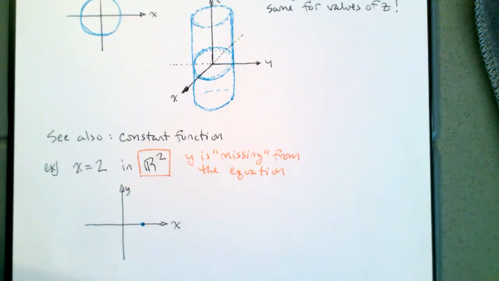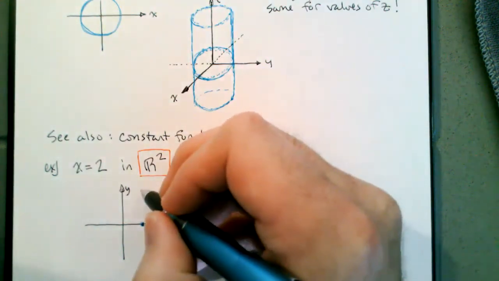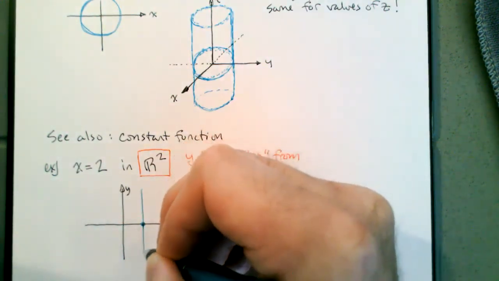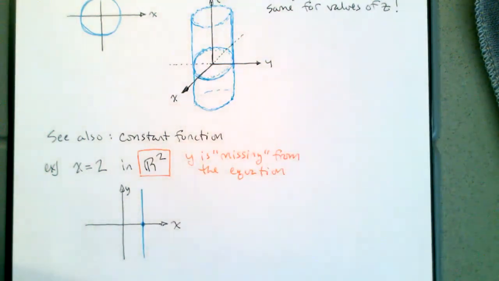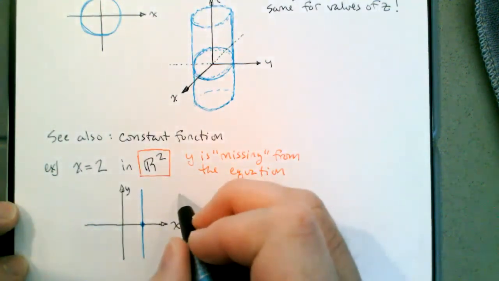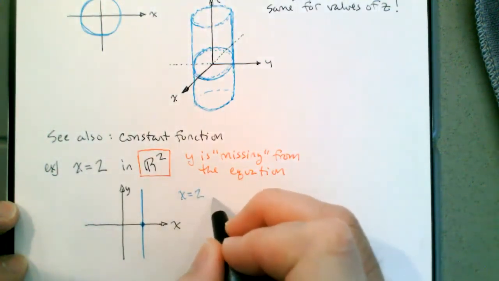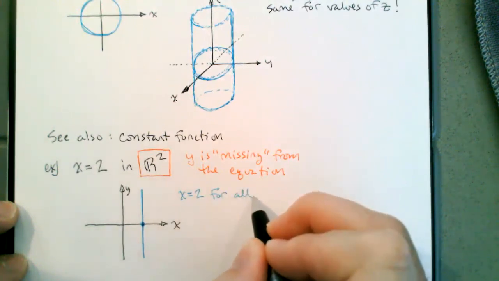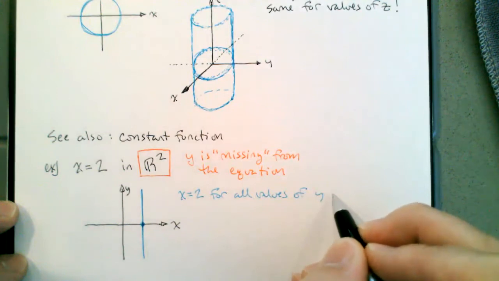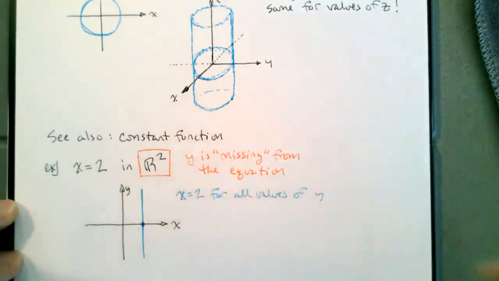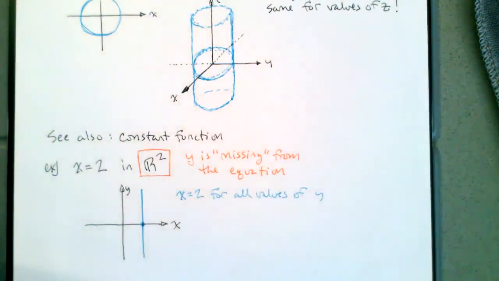So long as x is equal to 2, this equation is happy. So it looks the same for all values of y. And so we get this vertical line. So x equals 2 for all the different values of y.